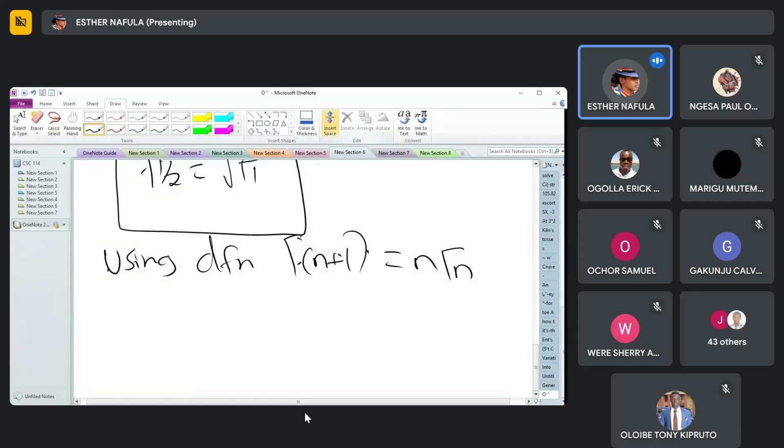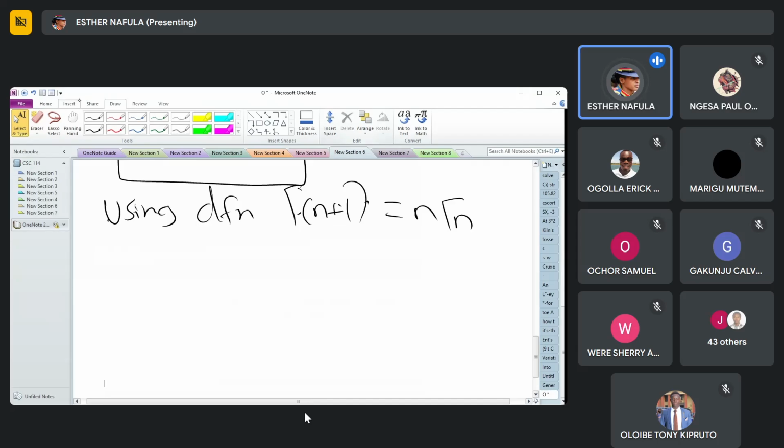So we can go back to our series and try to rewrite our gamma of 3 over 2 in terms of gamma of something plus 1. So let's start with the first one. For the first term, we are having gamma of 3 over 2. We can write it as gamma of something plus 1. 3 over 2 in terms of something plus 1 should be a half plus 1, right?